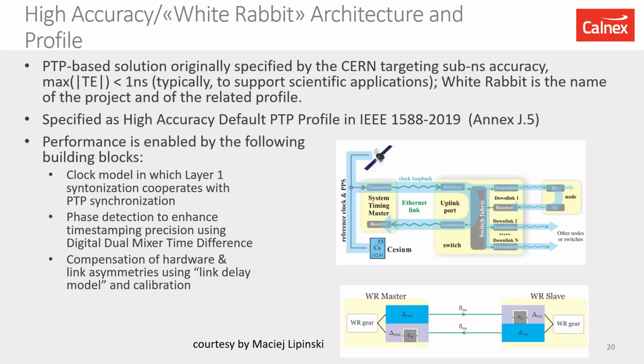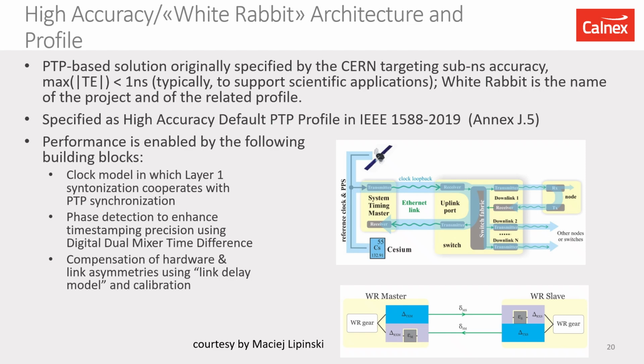Another interesting application of the PTP protocol is what has been done by the White Rabbit project, and that is now part of the default profiles defined in IEEE 1588, in particular as Annex J.5 of the 2019 version of the standard.